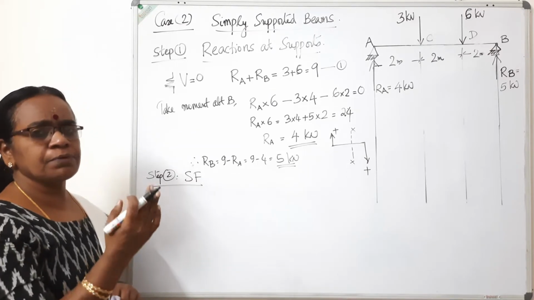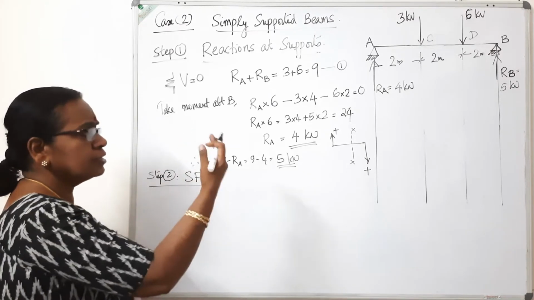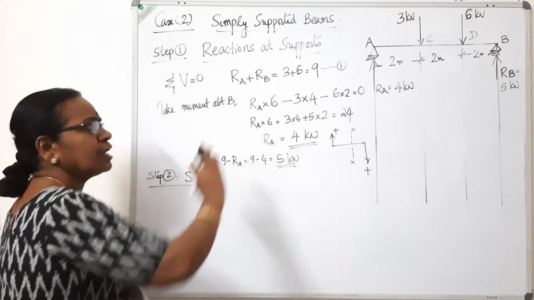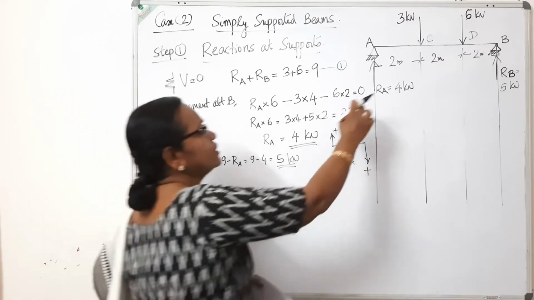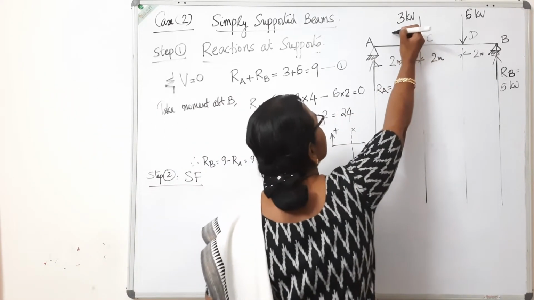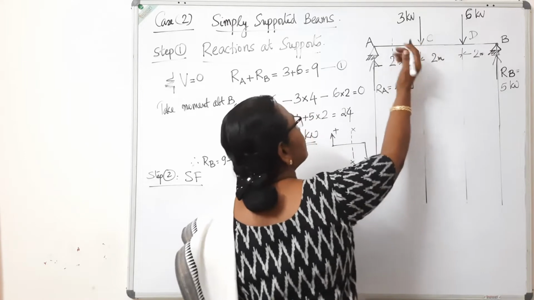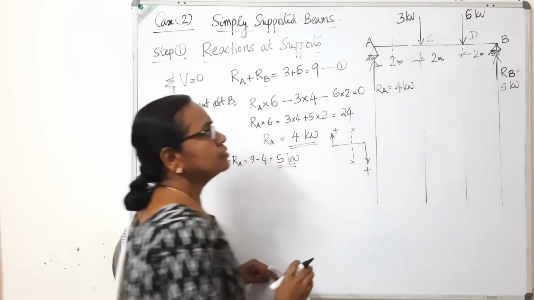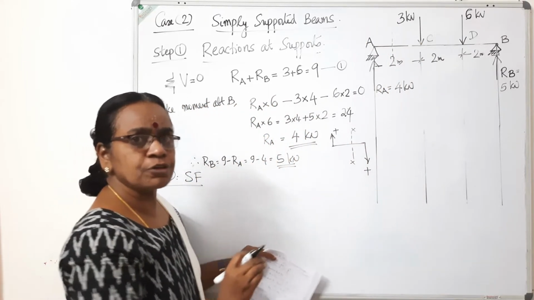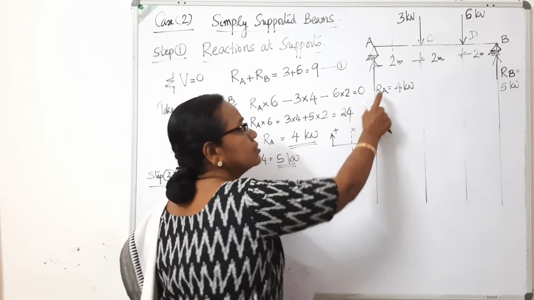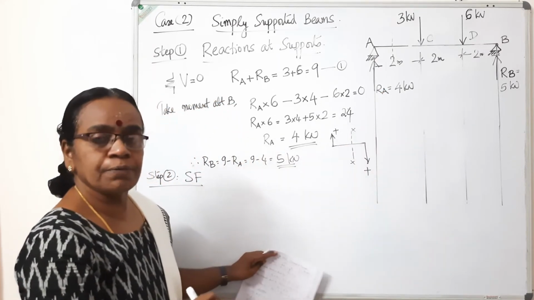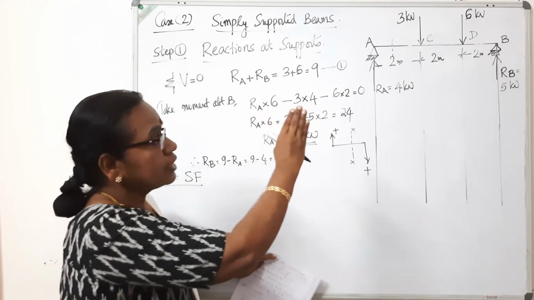In the simply supported beam, it is easier for me. It is easy if you consider from the left side, because we have a reaction here RA. If I put a section like this in this portion AC, if I consider left of it, the total force acting to the left of it is there is only one force, 4 kilonewton. Consider portion AC.